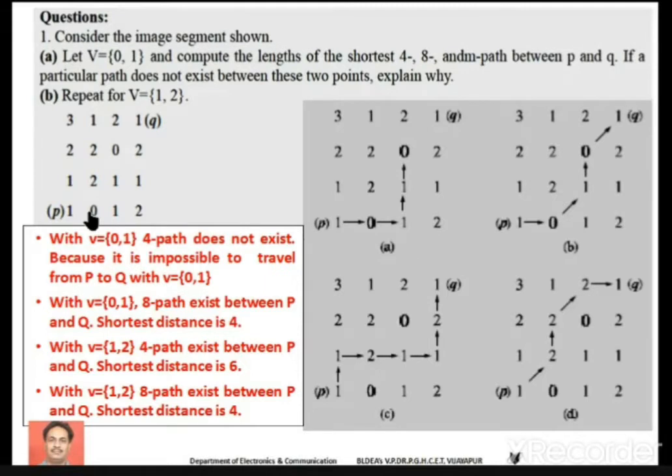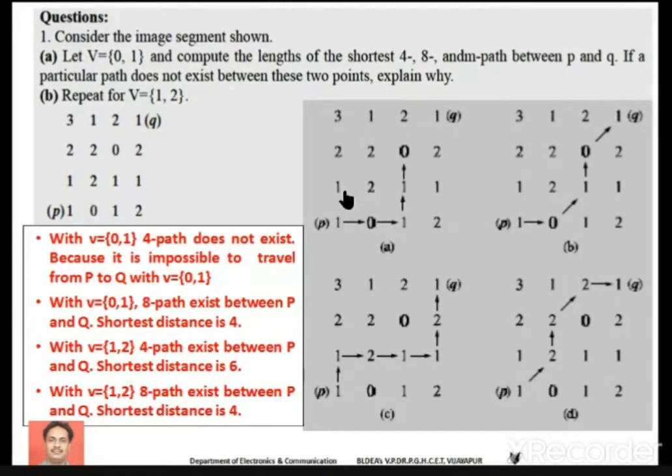Now let us see how to solve this problem. Here we have the solution for this problem. First, we consider figure A. Now I'll start from point P. I have to reach the pixel Q. I have to find 4-paths, which means I can move either horizontally or vertically.